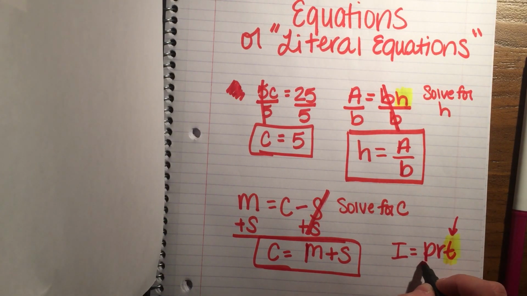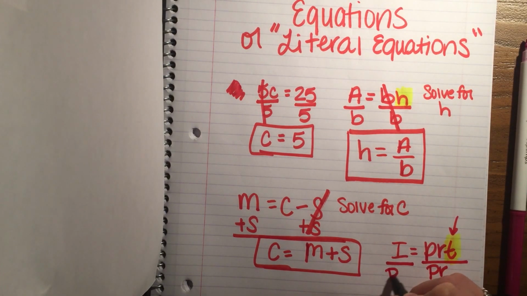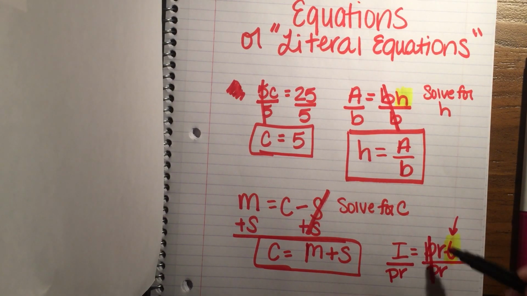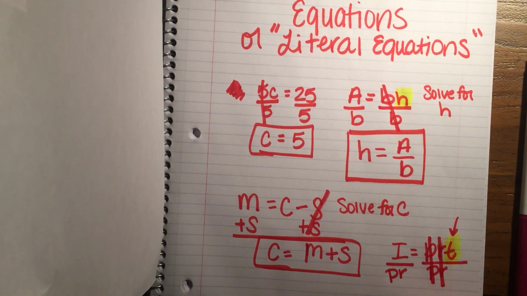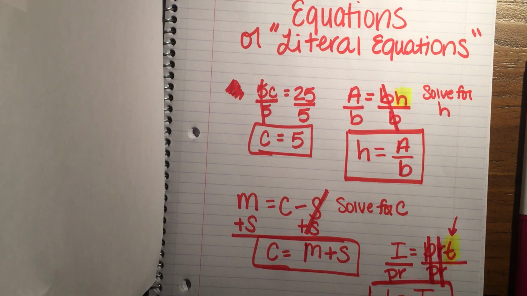So we could divide by p, r at the same time and combine the step, save us some time. So the p cancels out and the r cancels out, and we are left with t equals I over p r. This is our answer, and we can't solve it anymore until we know what those values are.